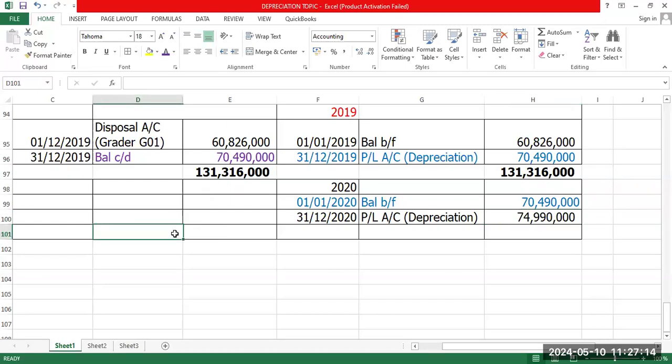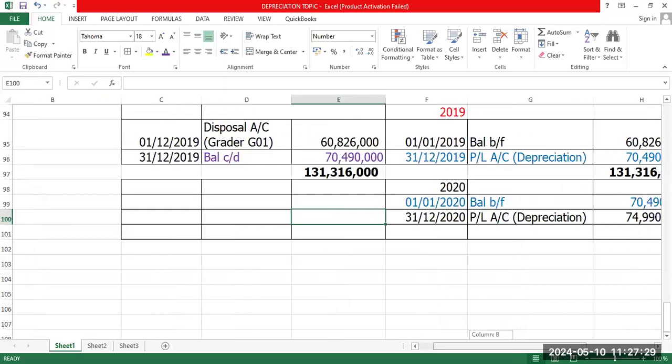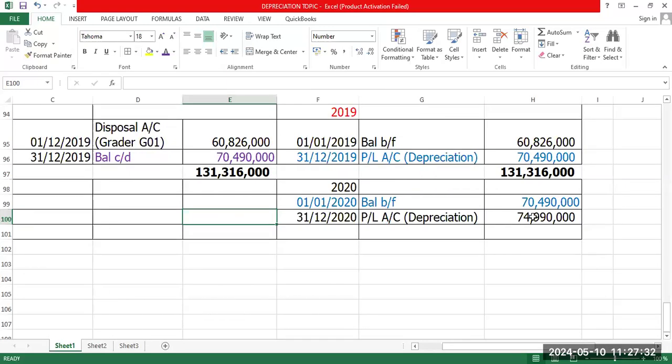Then ask yourself, do we have disposal in 2020? Do we dispose of any asset? No. If the answer is no, just balance off.